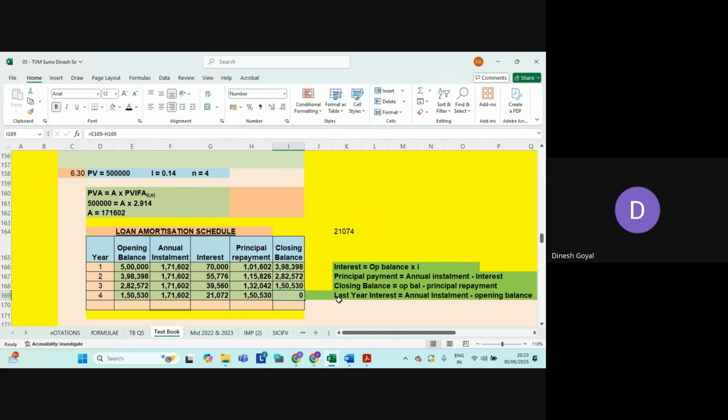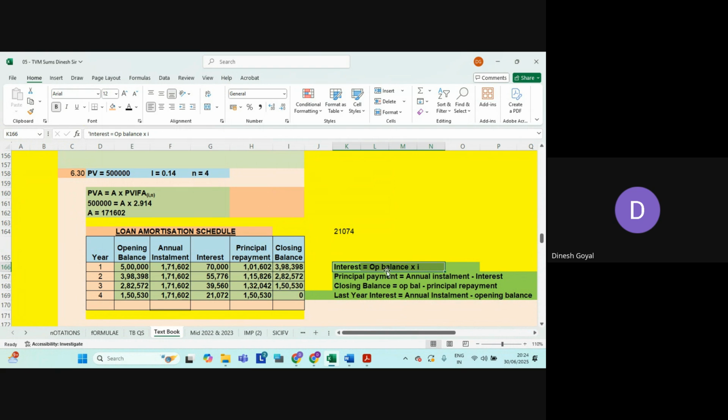और नहीं तो मैंने लिखा है लास्ट ईयर इंस्टॉलमेंट क्या करने का, ये निकाल लिया, ये आ गया है ना. तो इंटरेस्ट, डोंट यूज दिस फॉर्मूला फॉर लास्ट ईयर, यूज दिस फॉर्मूला फॉर लास्ट ईयर इंटरेस्ट, फिर 0 ही आएगा.